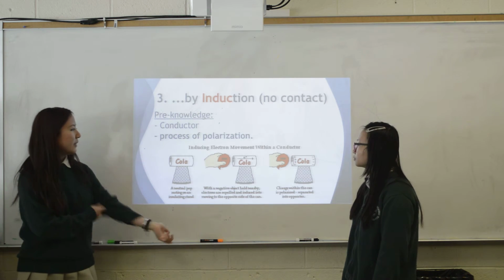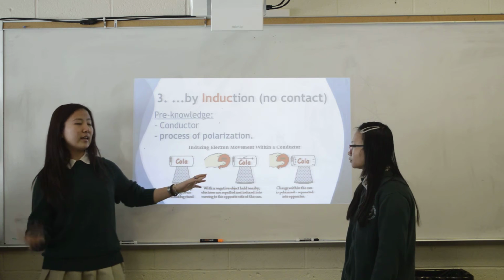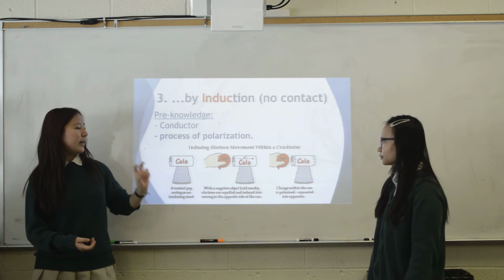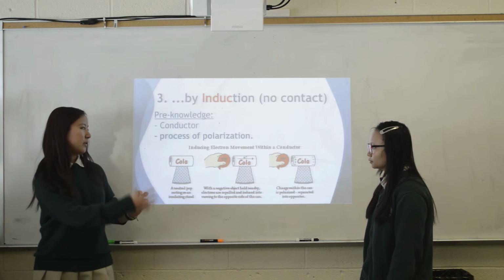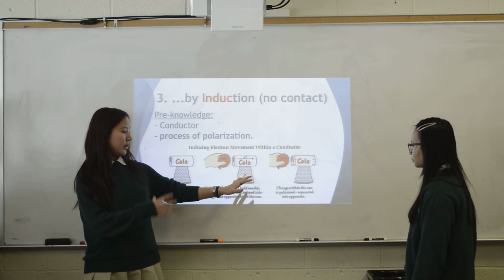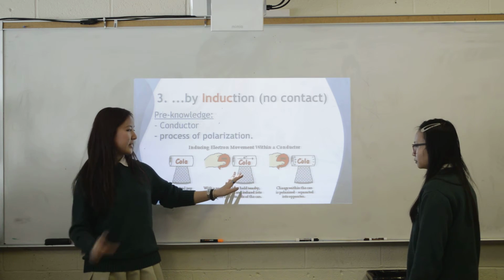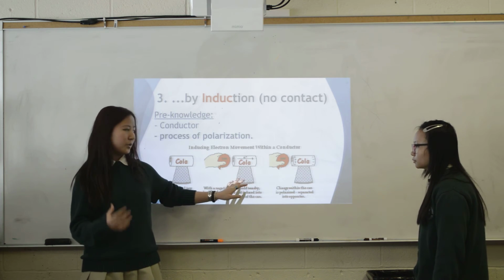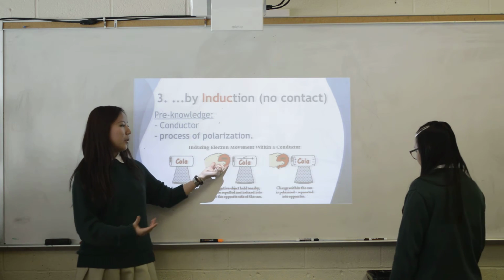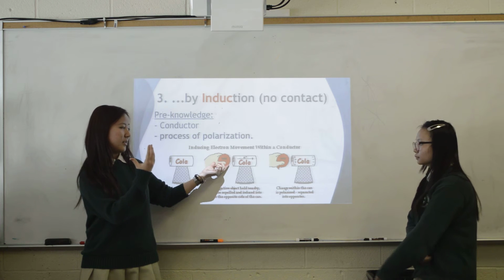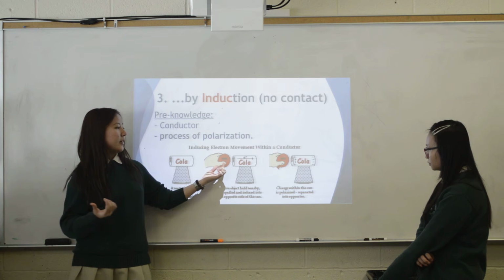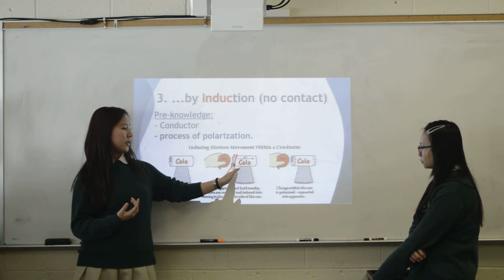If it's positively charged, and without physical contact you put the conductor really close to the neutrally charged object, then polarization happens within this object, because the positively charged conductor induces the opposite charges, which is negative charges in this area, and therefore more positive charges go to the other direction.